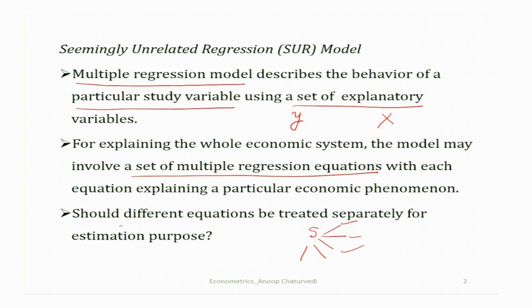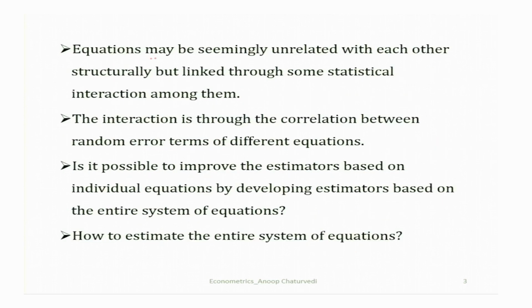Then the question is, should different equations be treated separately for estimation purposes? That is, whether you apply the OLS procedure for estimating each equation separately, or you require some alternative estimation procedures. Now, all these equations may be seemingly unrelated with each other structurally.